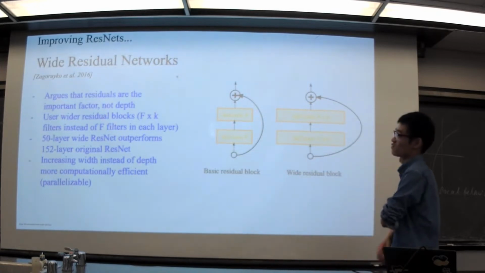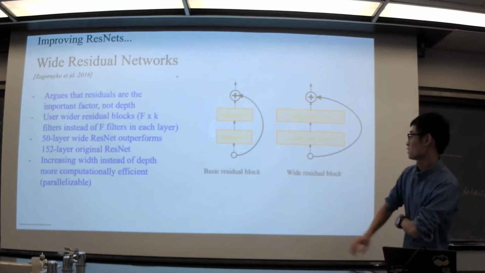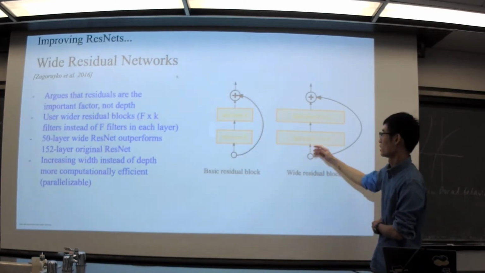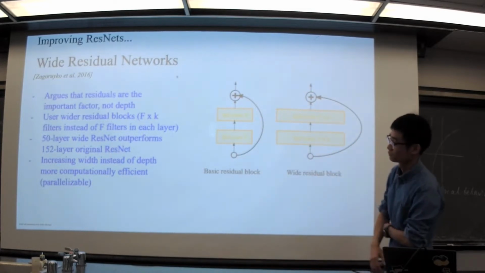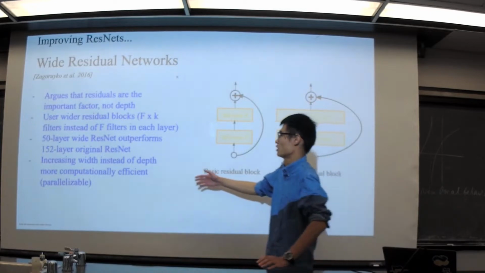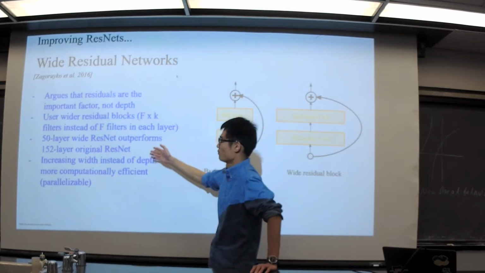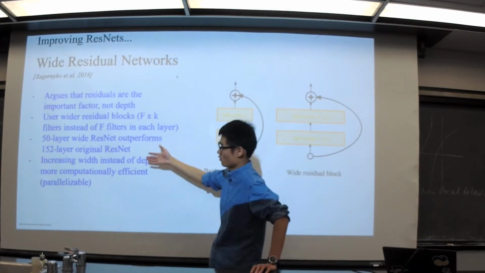This work argues that residuals are the important factor, not the depth. These wider residual blocks use F times K filters instead of F filters in each layer. They compare with the original ResNet. They said we only use 50 layers to have better performance than your original 152.